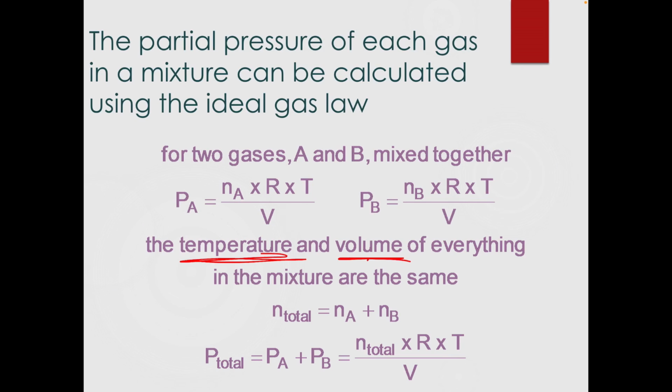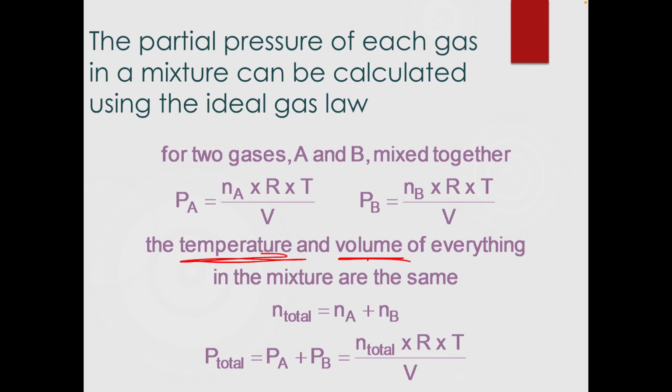So that's why in this last problem, the thing that's telling us that we are calculating the total number of moles is that we have the total pressure. If it said the pressure due to neon or the pressure due to xenon, then we would be calculating the moles of neon or the moles of xenon.